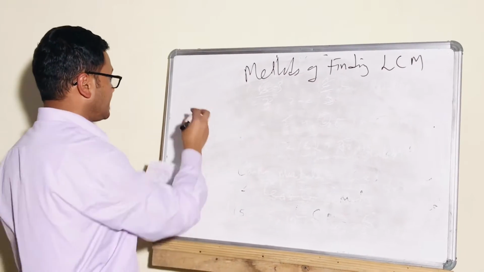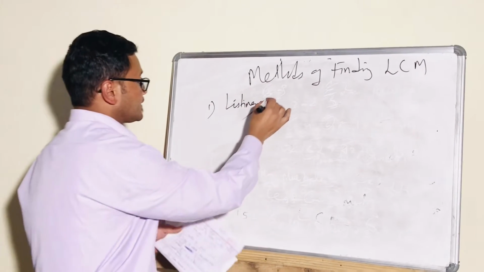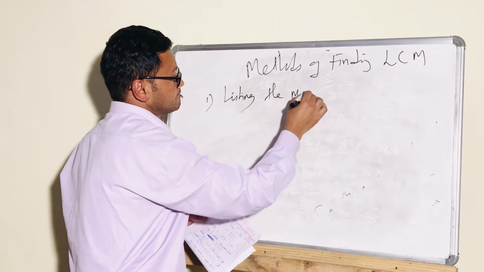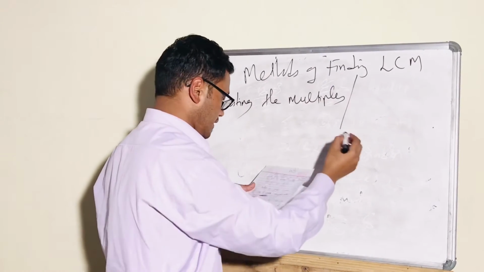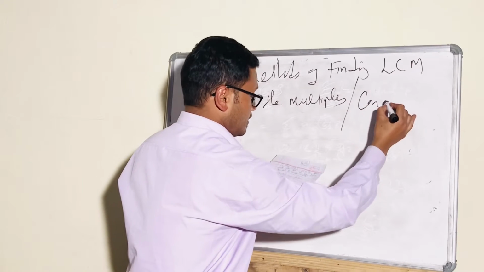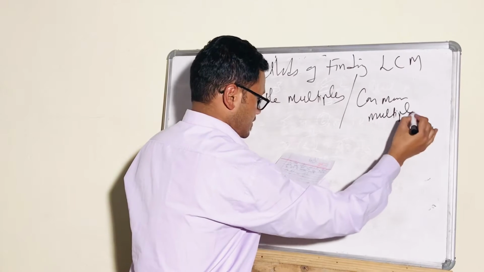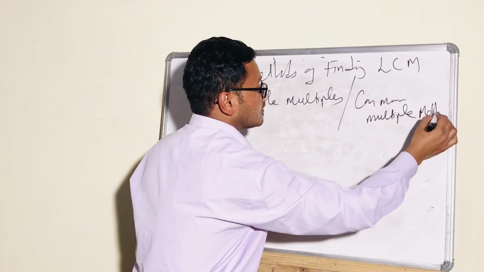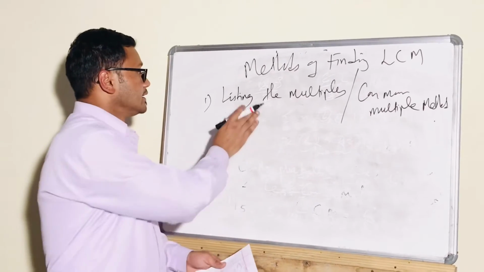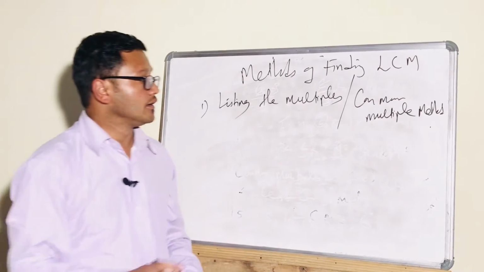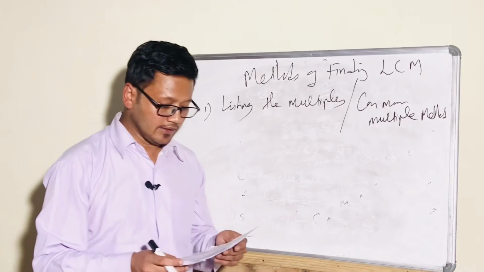Number one is listing the multiples, also called the common multiple method. Number one method is listing the multiples, or common multiple method. This is the topmost method of finding the LCM.